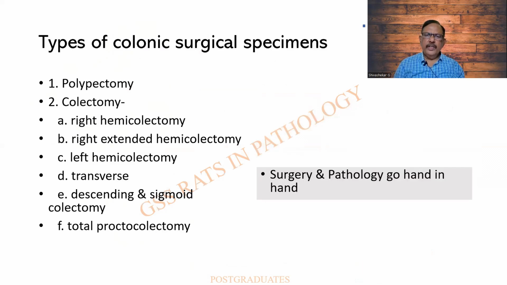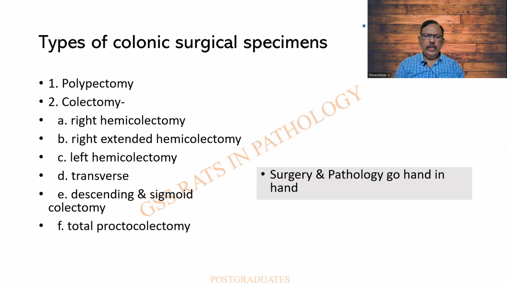What are the types of surgical specimens that we shall be getting? They can be polypectomy or a colectomy, which is again divided into a right hemicolectomy, a right extended hemicolectomy, left hemicolectomy, transverse, descending, and the sigmoid colectomies.